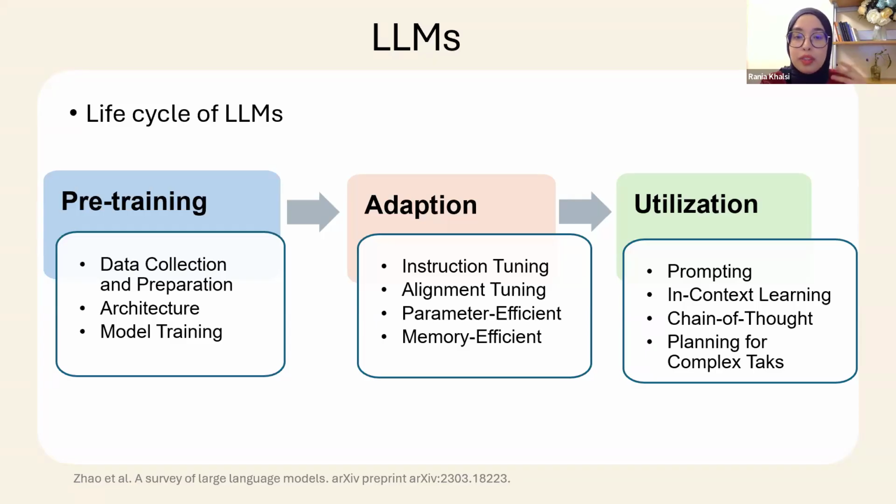Okay, so the second concept here, besides chain of thought, is planning for complex tasks. When we talk about planning for complex tasks, modern LLMs can plan a sequence of actions instead of producing a single response. For example, breaking a big problem into smaller sub-steps, let's say.